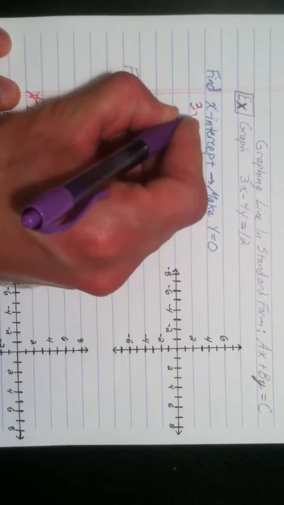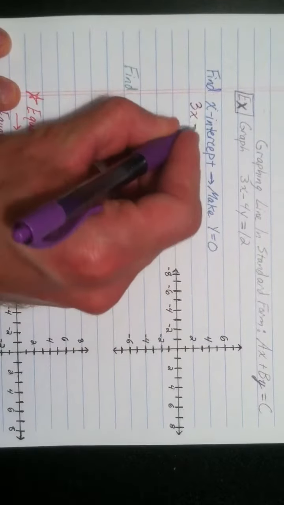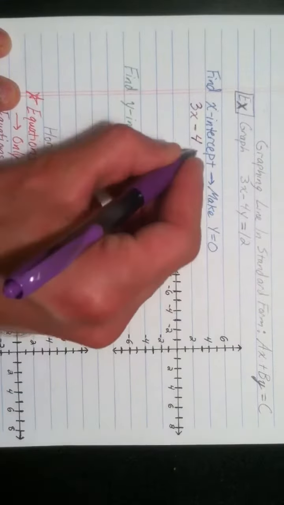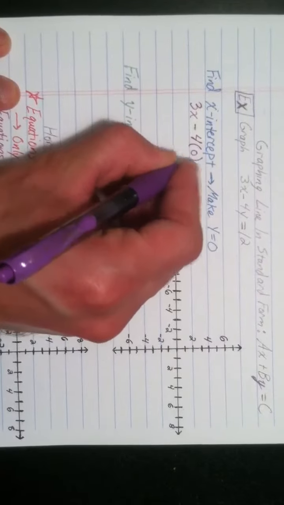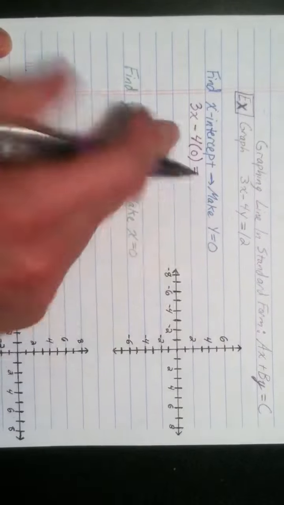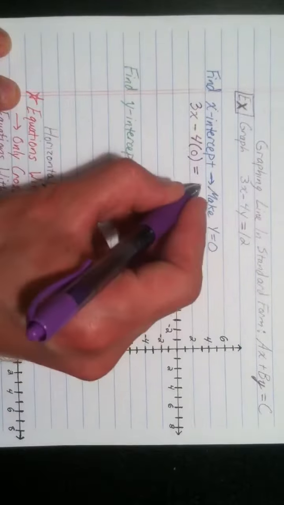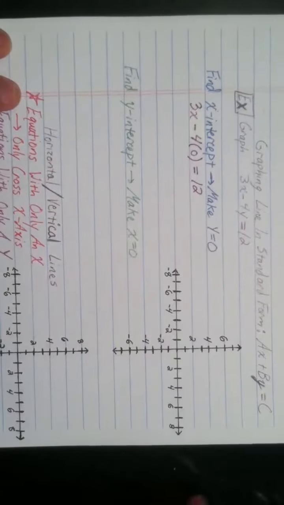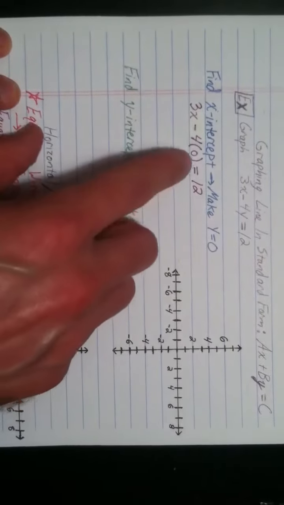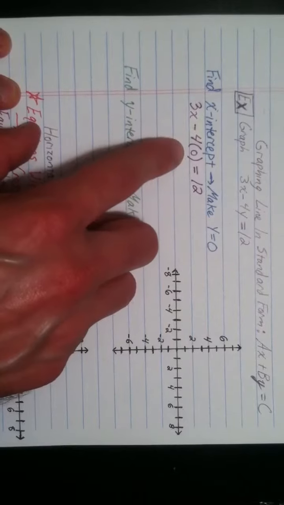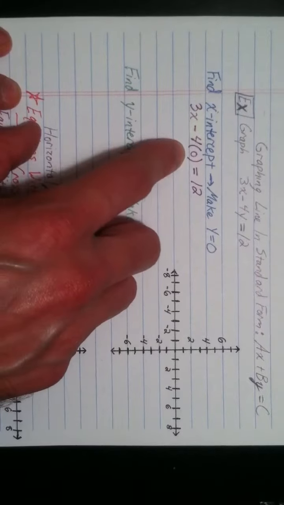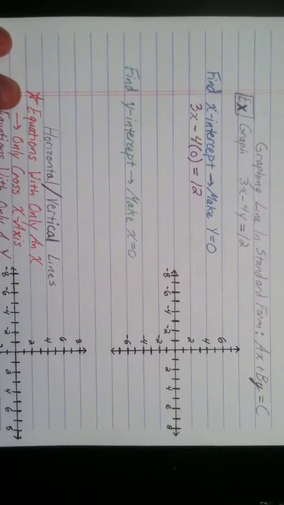So 3x, we don't know what that x is, that's what we're going to solve for, minus 4 times y, well, we're putting in 0 for that y. That just means 4 times 0 equals 12. Nice thing about putting in 0 for a variable is anything times 0 gives you 0. So minus 4 times 0, that's just going to essentially cancel itself out.